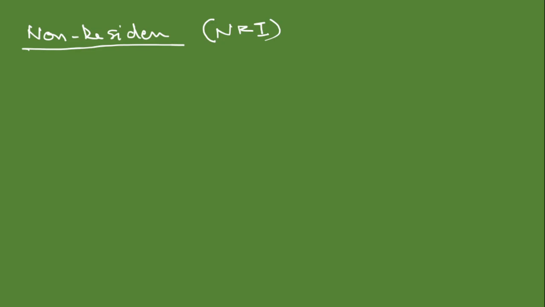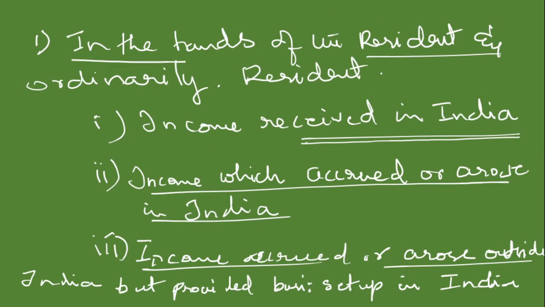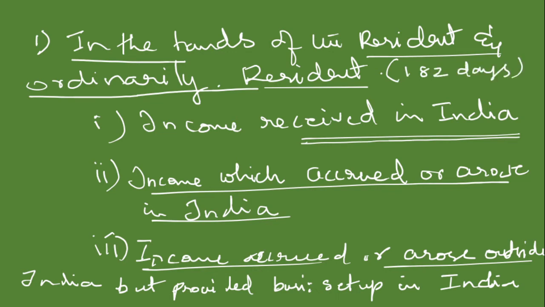So I will explain ordinarily resident. If he is outside India for more than 182 days, he is considered a non-resident.